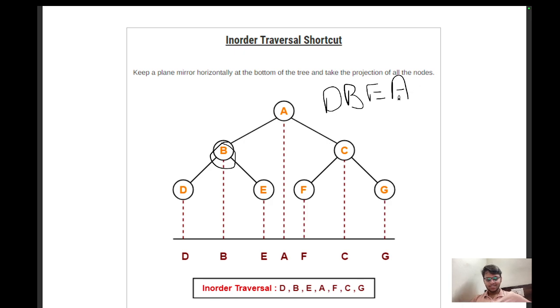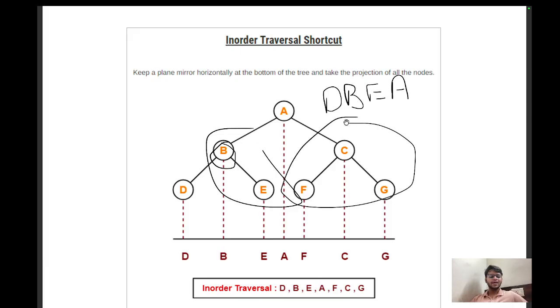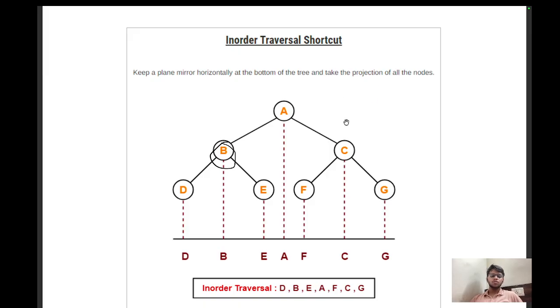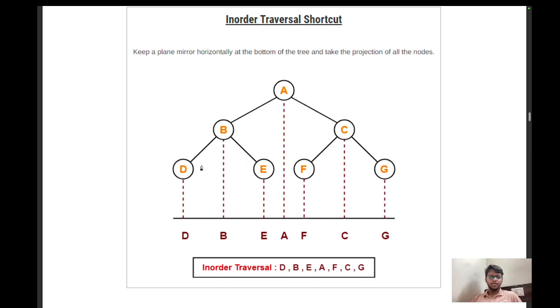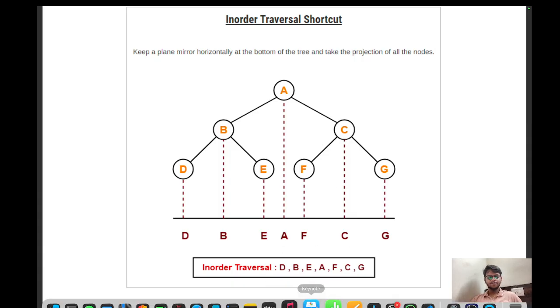So here we can see that A is between this subtree and this subtree. So A is between those sides, and it is the parent node for this. Then we have F, C, and G. So D, B, E, A, F, C, G. So it is the sequence that we can see here.